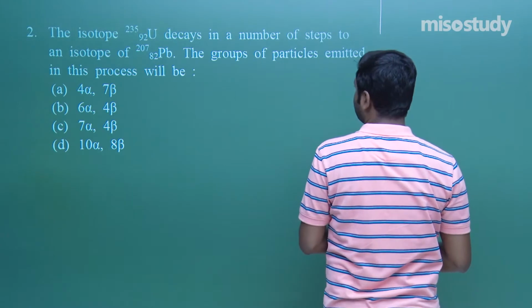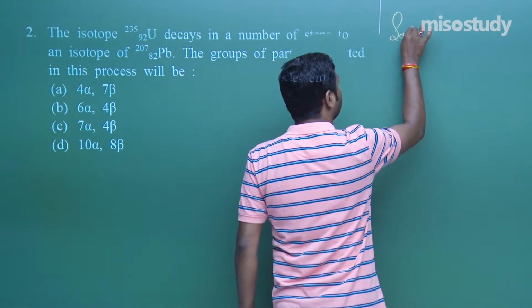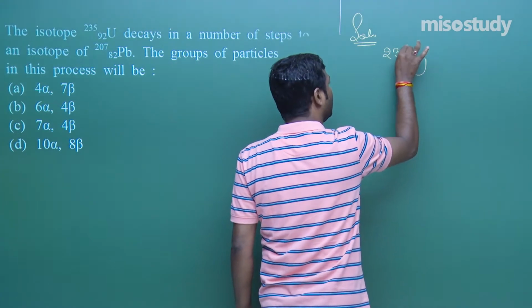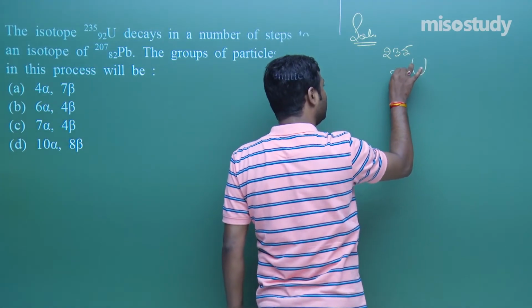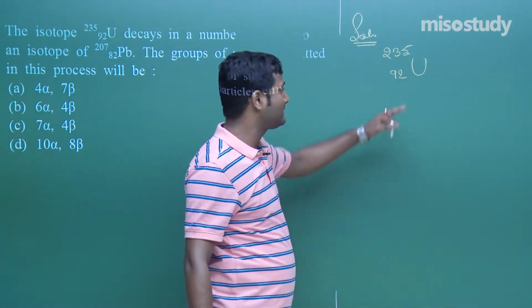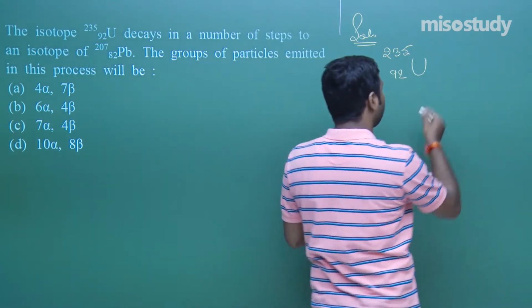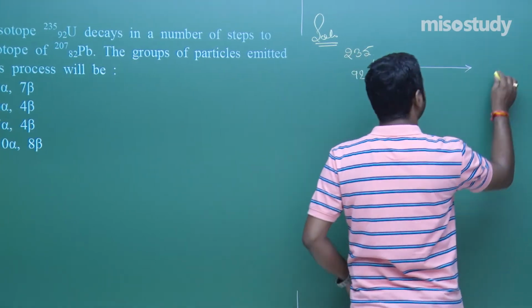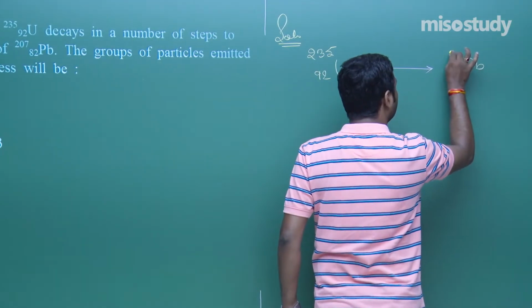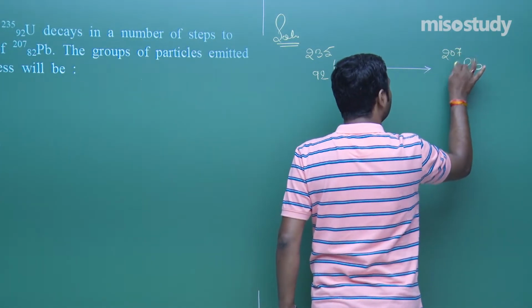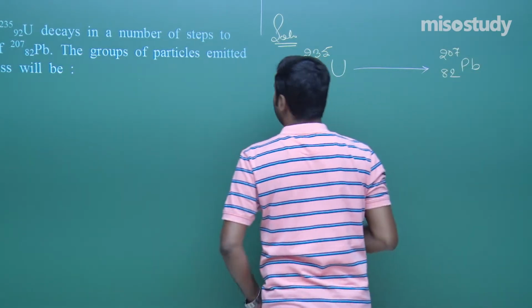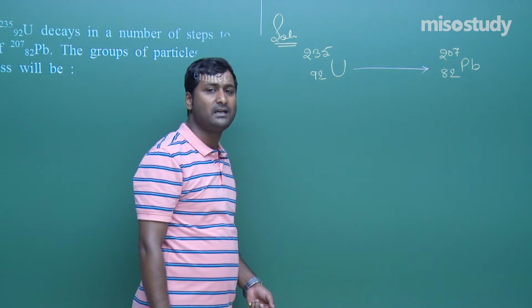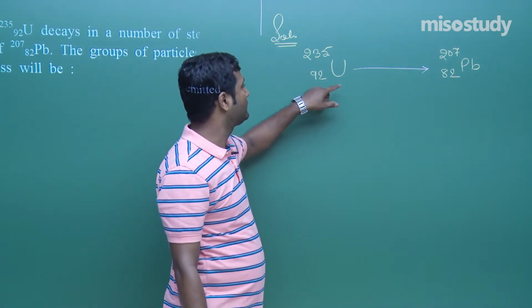The solution is: U, 235 and 92, that is the initial. Now what is the final product in this case? That is Pb, 207 and 82. They are asking how many alpha and beta particles are emitted during the conversion of uranium to Pb.